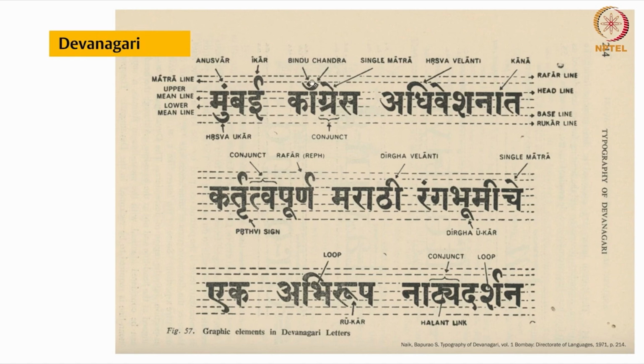Then you have bindu and a lot of others. You have conjuncts, where two letters connect, which is not there in Latin. And you have badi and choti dirghai. Then you have loops, and sometimes open counter, sometimes closed counter. So you will remember this. This is a very interesting study done by Babu Rao Naik.